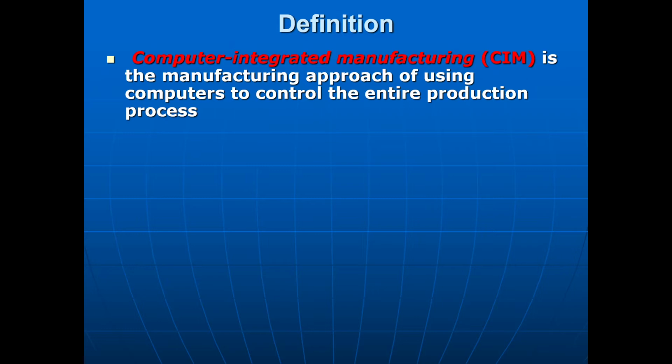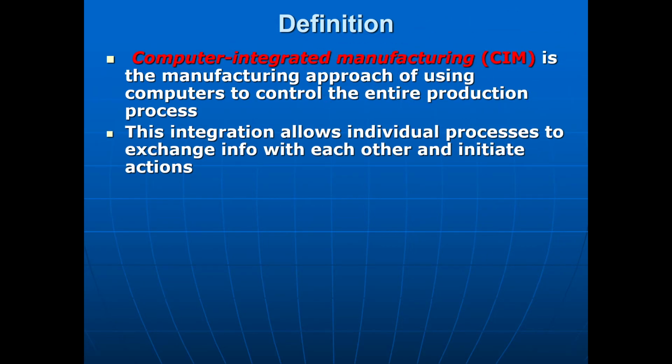It uses sensor systems to detect and can react like a human because of the computer processor, which can do fast calculations on a lot of data. That's why computers are now used in computer integrated manufacturing to control the entire production process. This integration allows individual processes to exchange information with each other and initiate action.